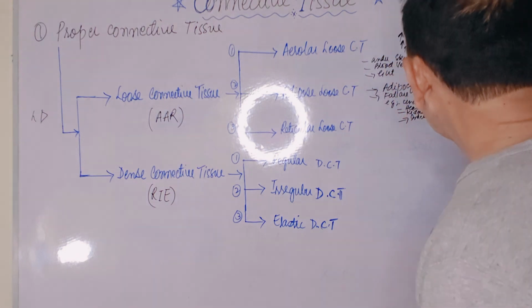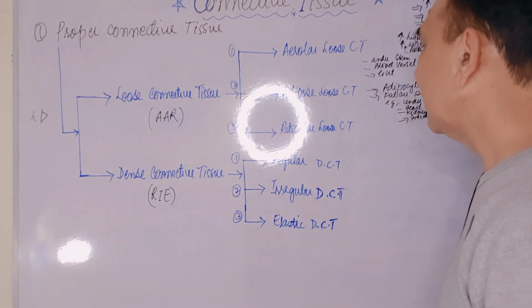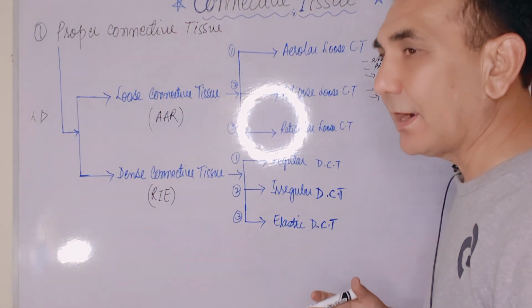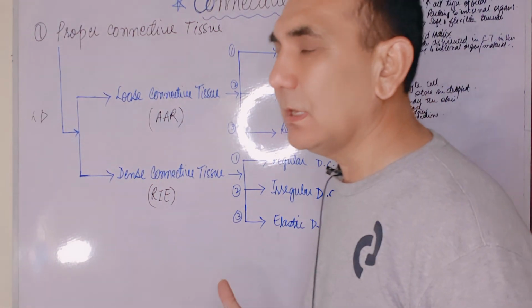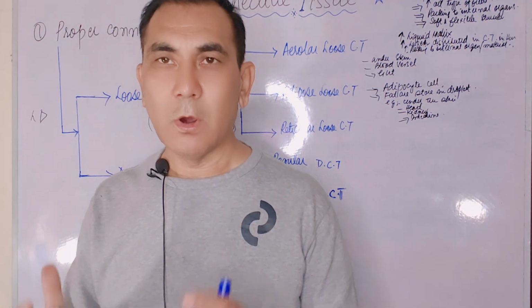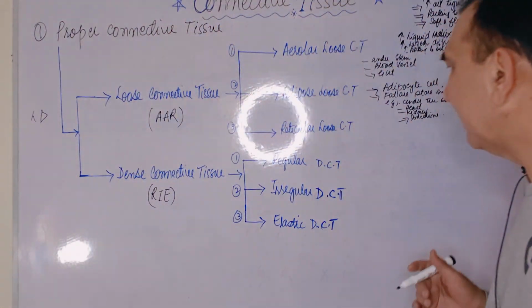Now, when the fat is stored under the skin, it functions as an insulator, meaning it keeps the human body warm, insulating it from the external environment.